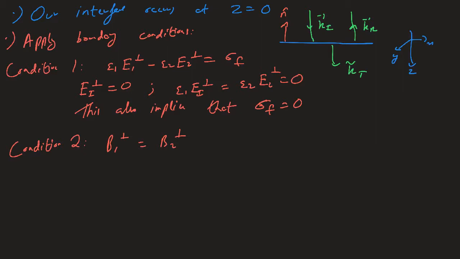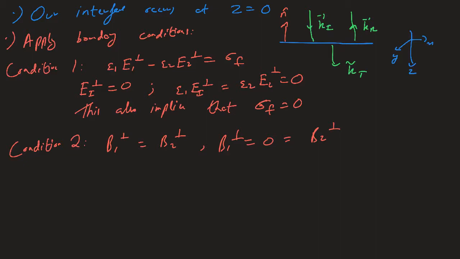It all points in the y-axis, and the y-axis is parallel to the surface, right? Not in the z direction. So then B1 perpendicular is also 0, which is equal to B2 perpendicular. So the second boundary condition also doesn't really give us much.